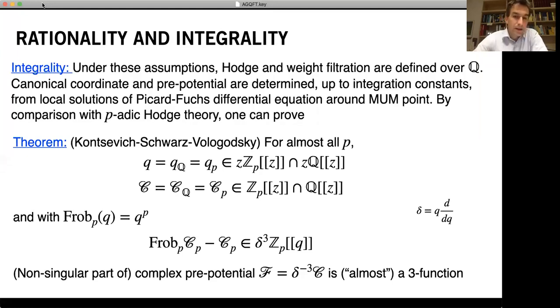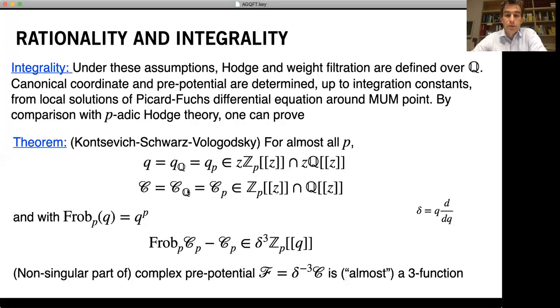But I mean, Vologodsky and Kontsevich and Schwartz proved maybe some 15 years ago, with maybe one or two slightly technical assumptions, that these are basically the same thing. Okay, so that's how I understand what's going on, that the complex canonical coordinate is the same as this rational coordinate is the same as the p-adic one wherever these things can be compared.